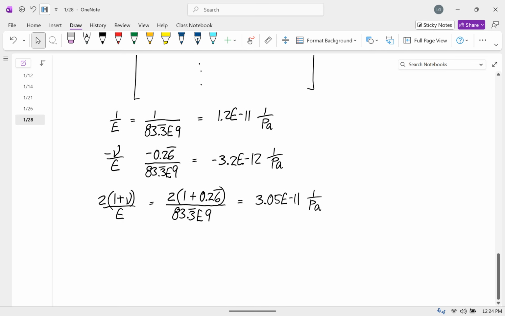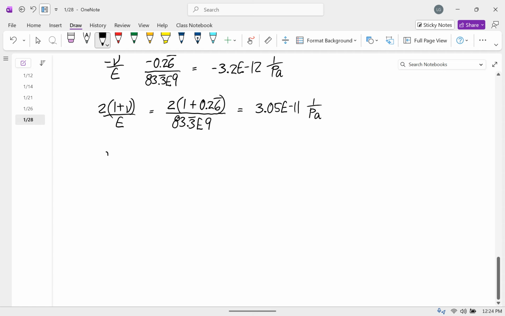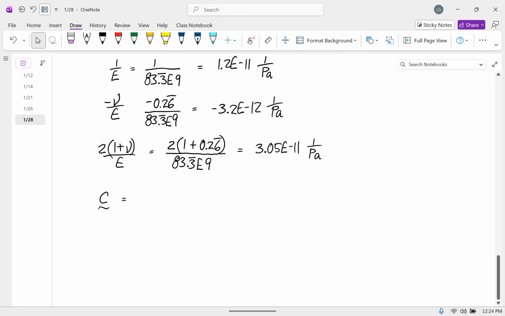And so now let's fill in this compliance matrix using these values. So we have 1.2 times 10 to the minus 11, negative 3.2 times 10 to the minus 12, negative 3.2 times 10 to the minus 12, 0, 0, 0.